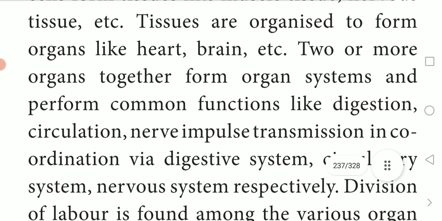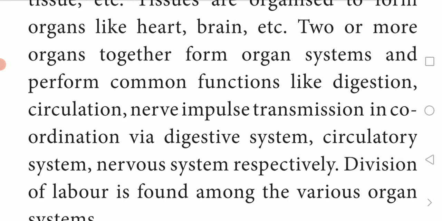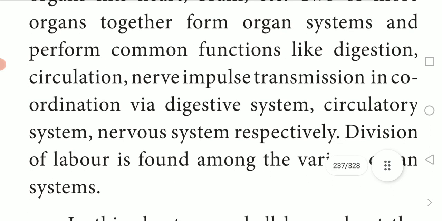Two or more organs together form organ systems and perform common functions. Underline it, take a pencil: common functions like digestion, circulation, and nerve impulse transmission and coordination, through the digestive system, circulatory system, and nervous system respectively.